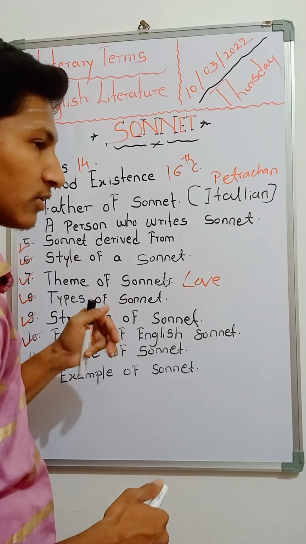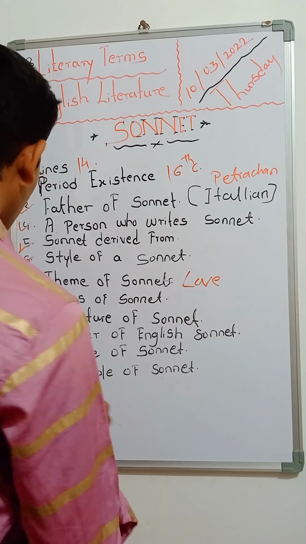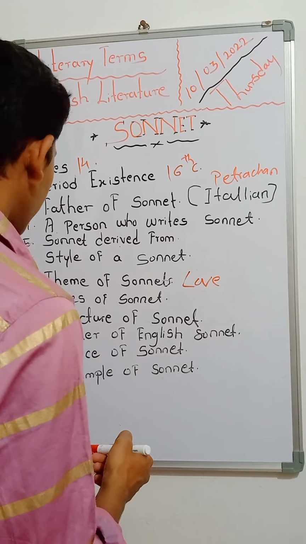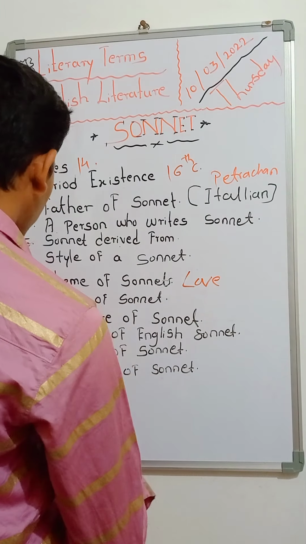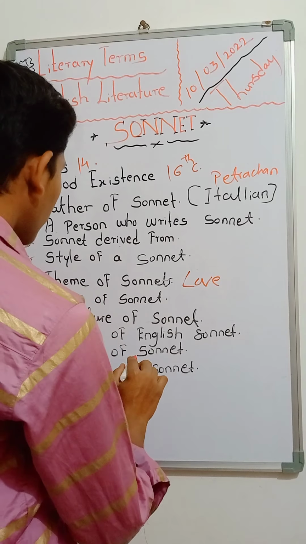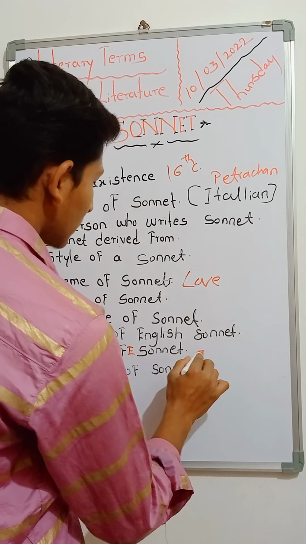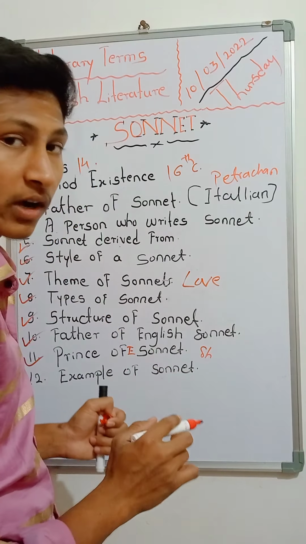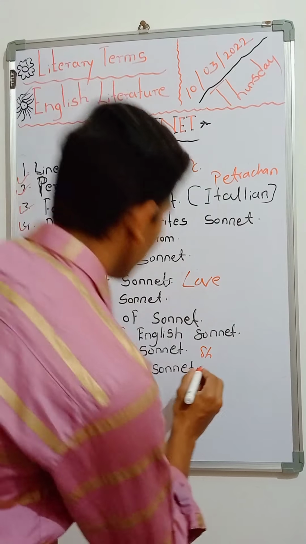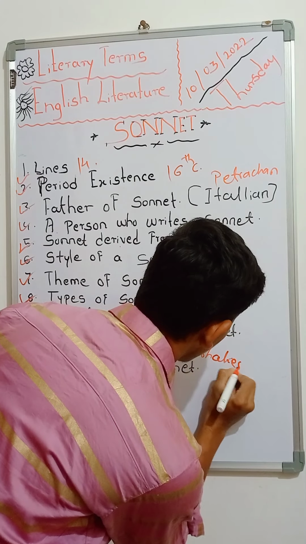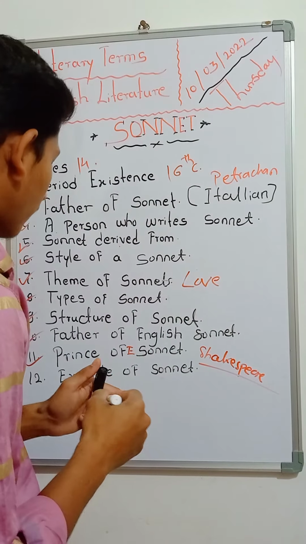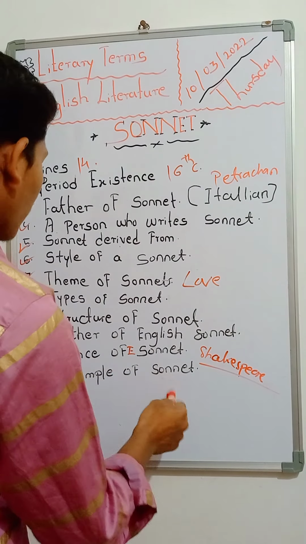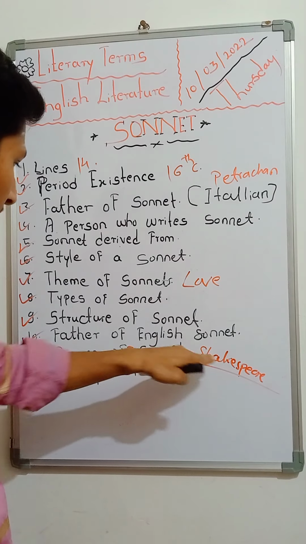And the prince of the English sonnet is Shakespeare. Shakespeare is called the prince of the English sonnet. And the example of a sonnet is Shakespeare's.